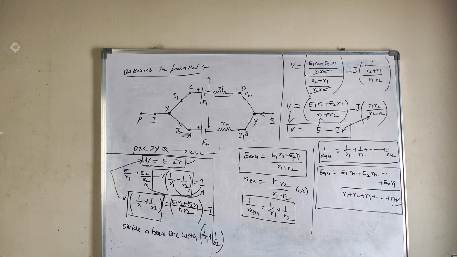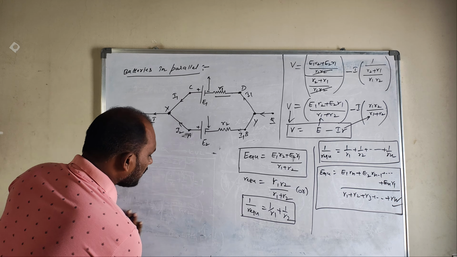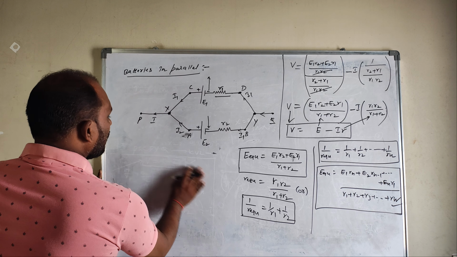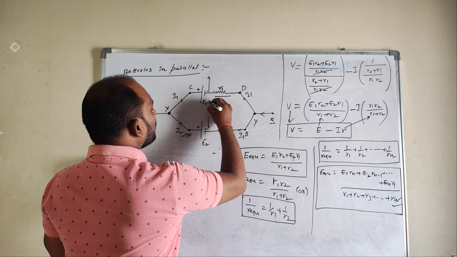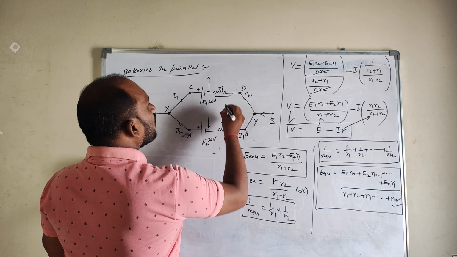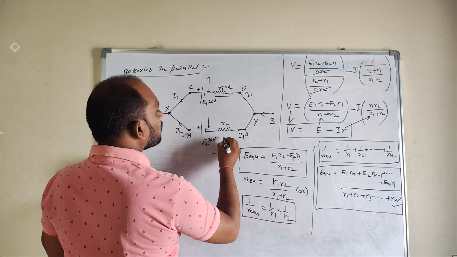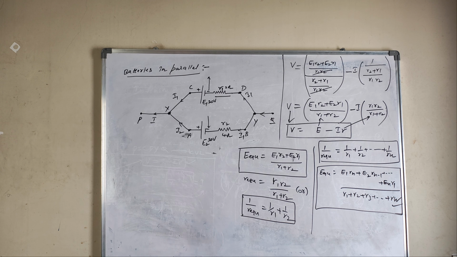Let's see one example so that you people understand. I am taking the same circuit, operating in parallel. E1 is equal to 20 volts, E2 is equal to 30 volts, R1 is equal to 2 ohms, R2 is equal to 4 ohms. Let us assume I want to find E equivalent.